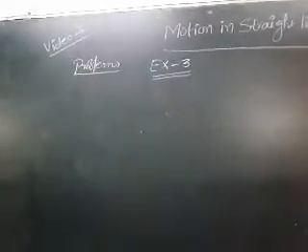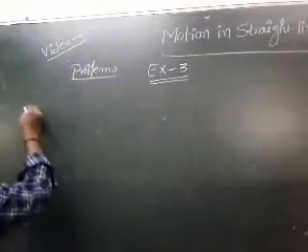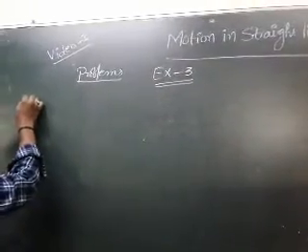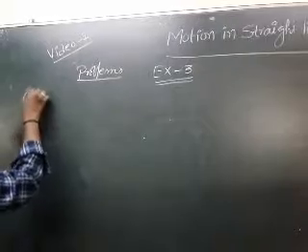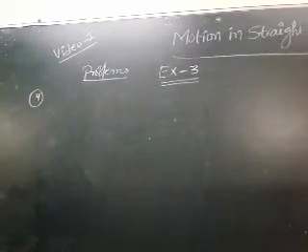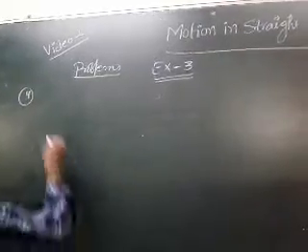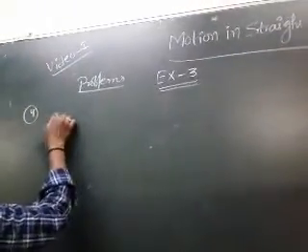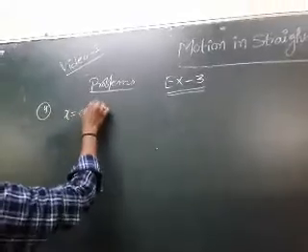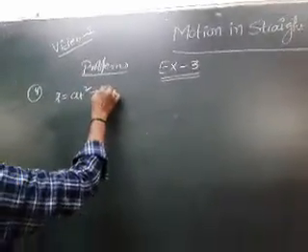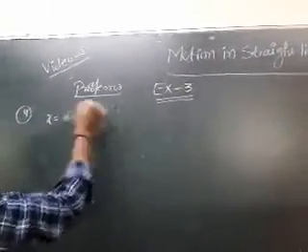So, in motion in a straight line, the problem number four. The position x of a particle varies with time, that is x is equal to a t square minus b t cube.